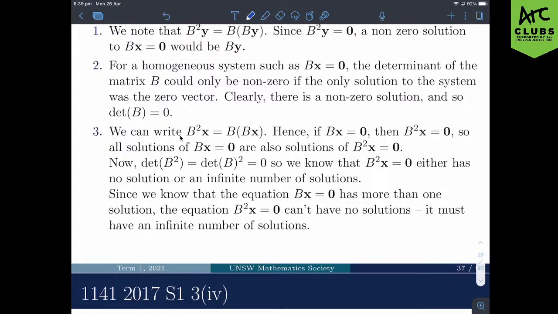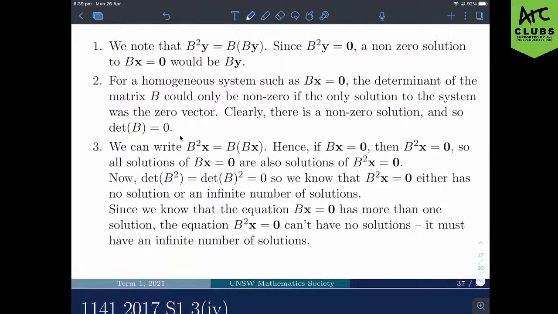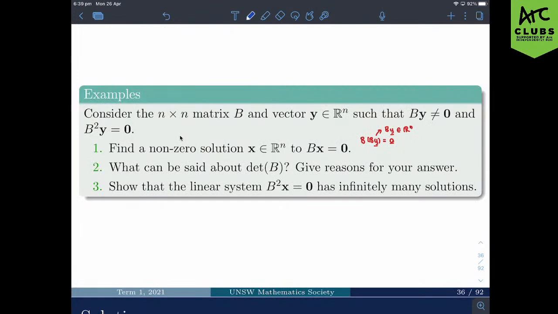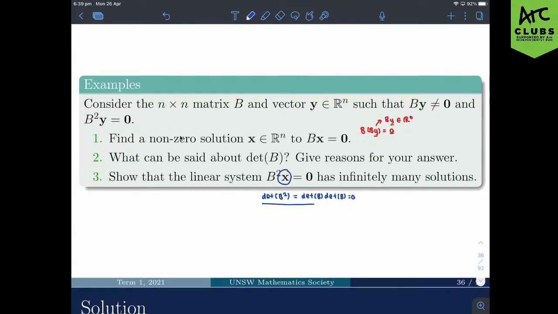That's quite straightforward because there is a solution to this system of linear equations, and that is the 0 vector. We also know that the determinant of B squared is equal to the determinant of B times the determinant of B, which is 0. So the solution can't be unique, and there are solutions. Therefore, the system must have infinitely many solutions.